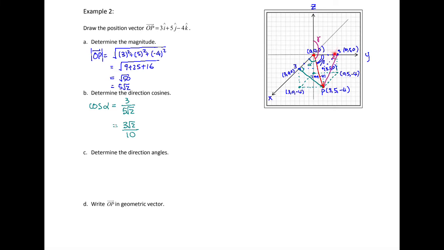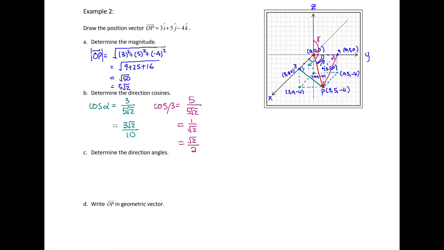So I have the adjacent side, I have the hypotenuse. Now I'm going to use cosine again. So we write cosine beta equals 5 divided by 5 root 2, which can be reduced down to 1 over root 2, and I'm going to multiply root 2 on both the numerator and denominator to rationalize it, so I get root 2 over 2.